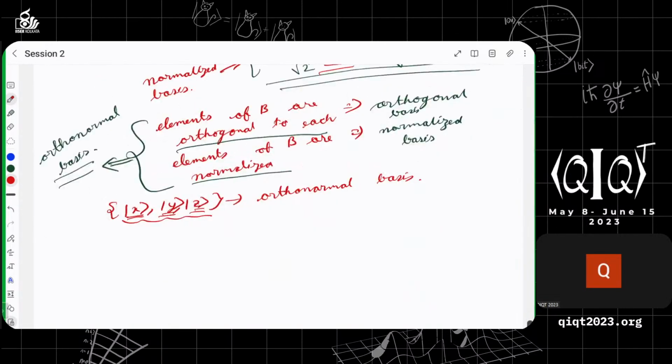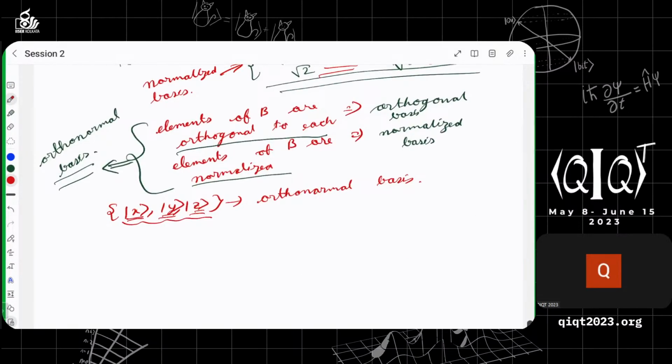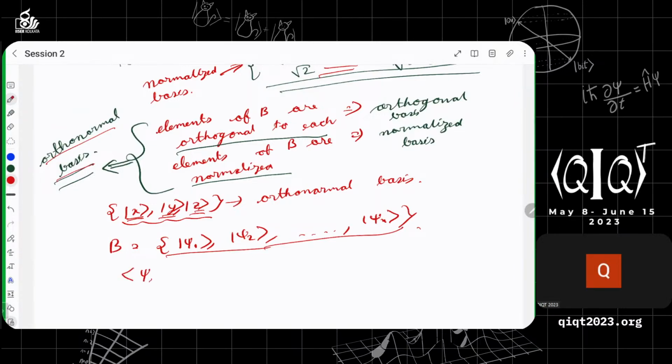And so if the basis is orthonormal, say B is this basis psi 1, psi 2 up to psi n, and it is an orthonormal basis, then if i and j are not equal, the inner product psi i psi j would be 0.